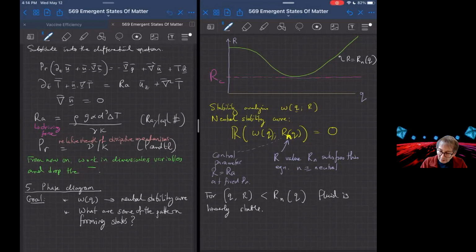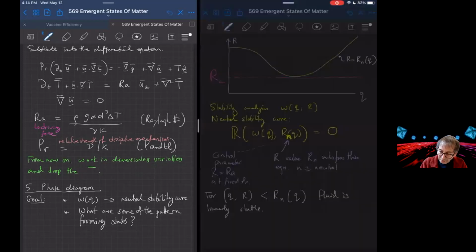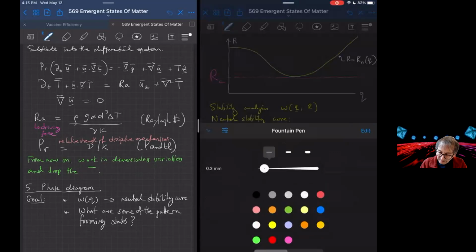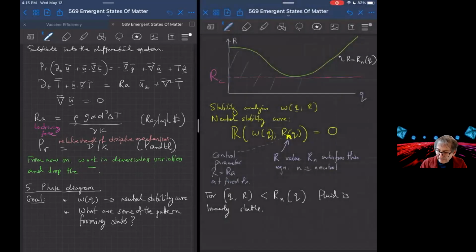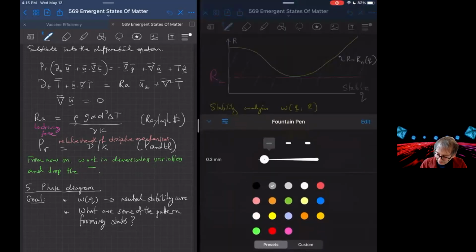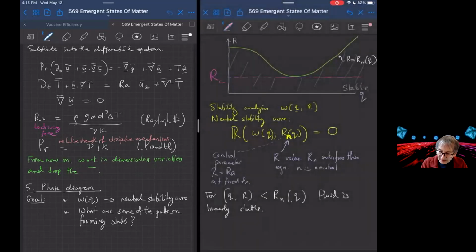And so we can say that over here, the fluid is stable, and then above those values, it is unstable.